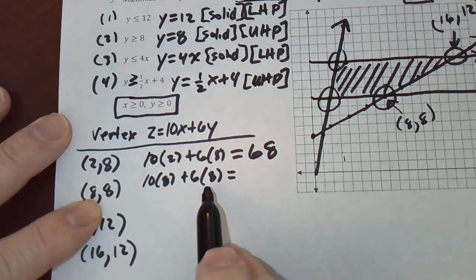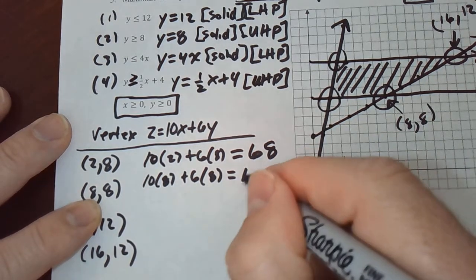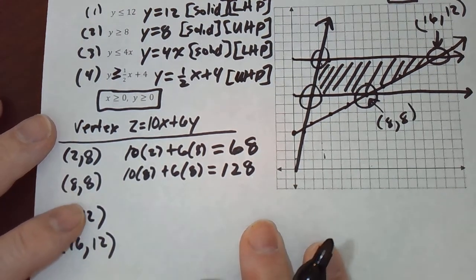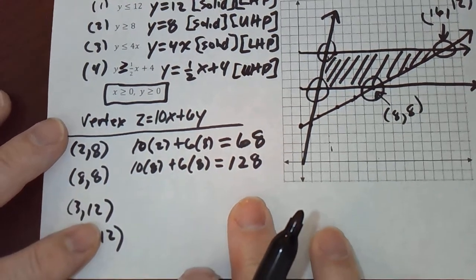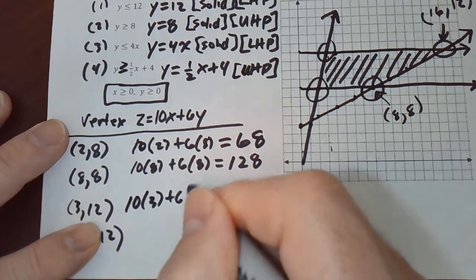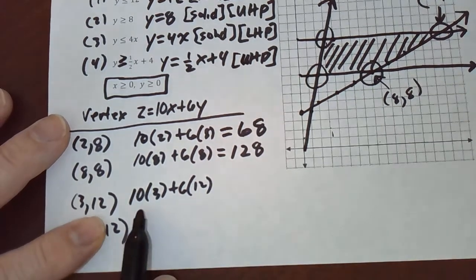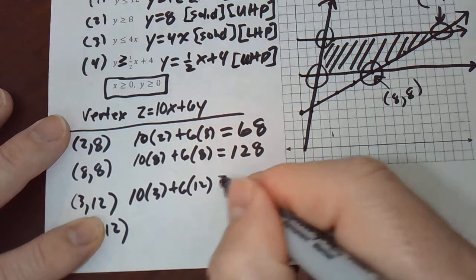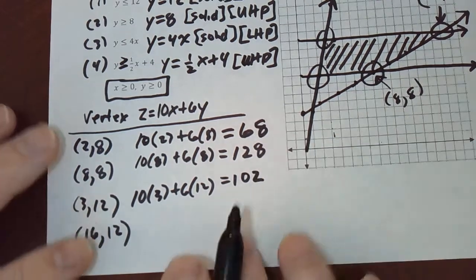That gives us 80 and 48, which is 128. So far that's the winner. It's the bigger of the two. Let's move on to 3, 12. 10 times 3 plus 6 times 12 is 30 plus 72. That's 102. So 128 is still the winner.